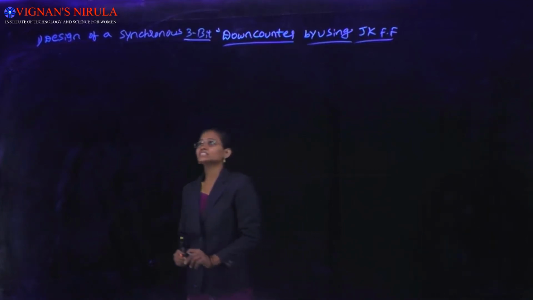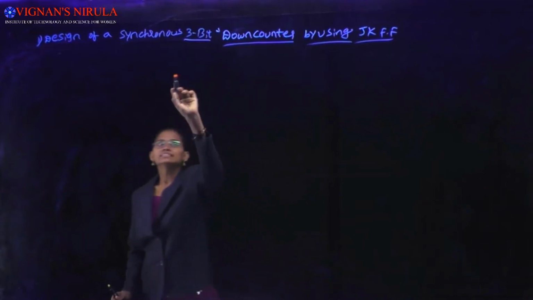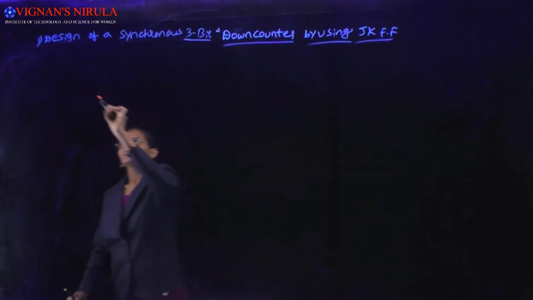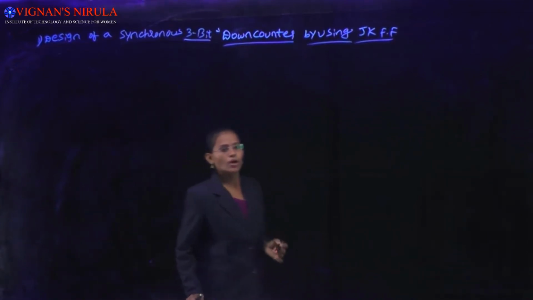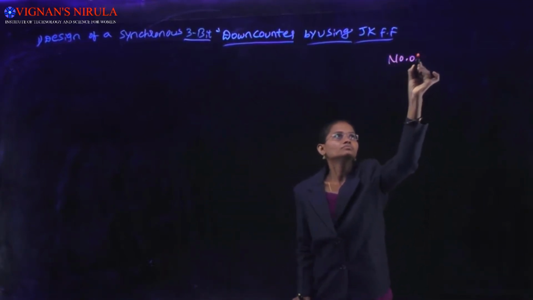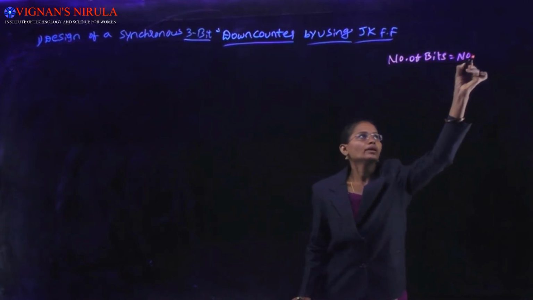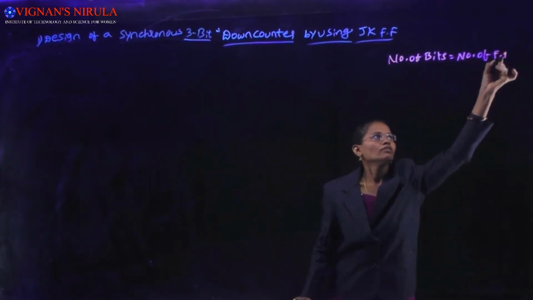And next one is synchronous down counter. Here we are using 3 bits. First, find out the number of bits. Here the number of bits equals the number of flip-flops.